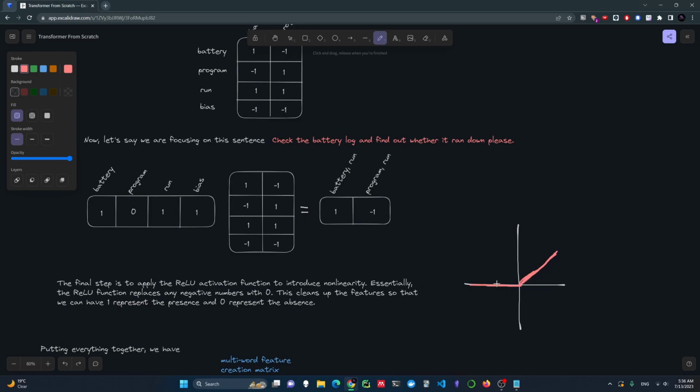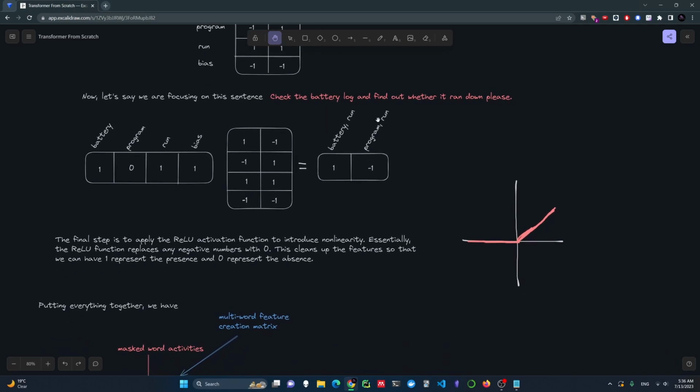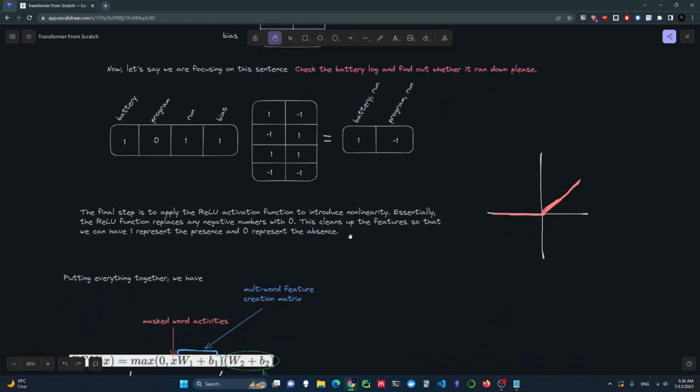So any negative number we have is mapped to 0 here. This essentially cleans up the feature so that we can have 1, or anything greater than 1, represent the presence, and 0 represent the absence. So we don't have program here, and we don't have the program run word pair feature here.